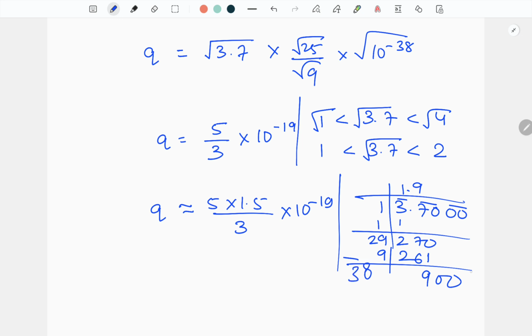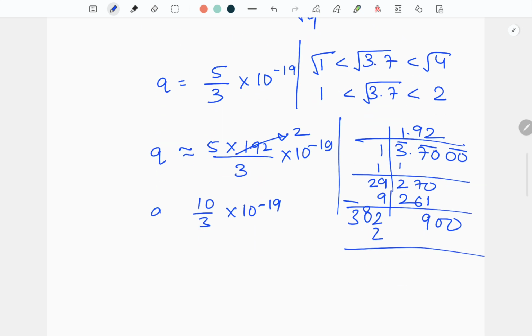So you can go for 380, 2 times. So approximately 1.92, so I think I have taken less value, so you can put here 1.92. 1.92 is roughly 2, so this becomes 10 by 3 into 10 to the power minus 19.